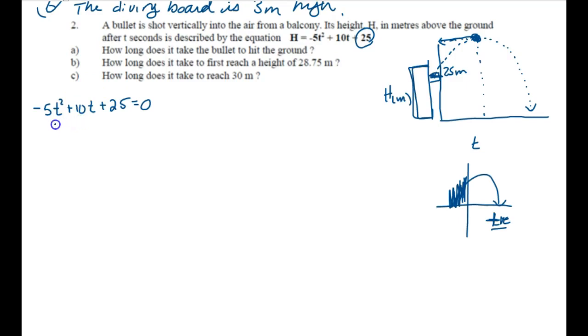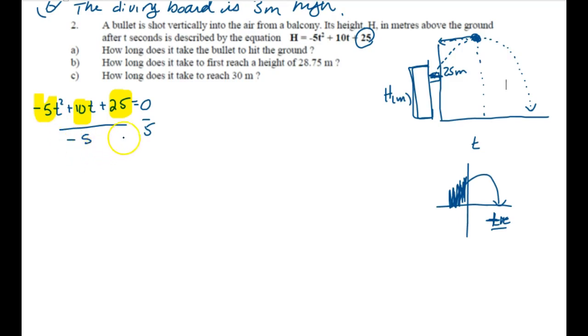First thing I would suggest is if you look at all your coefficients, your A, B, and your C, they all have a common number that could be divided by, which is 5. So you could do this. Take both sides of the equation and divide by 5. You would like to do that, so long as you do it to both sides.